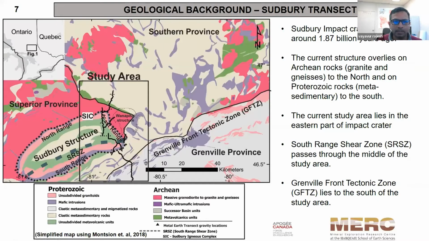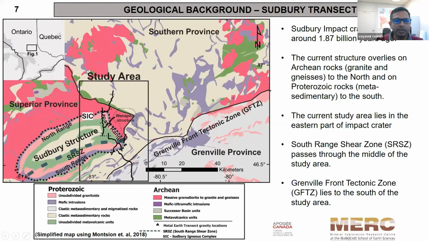So this is the study area I'm working on, the eastern part of the Sudbury Basin. This is a simplified geology map after Monchon et al. in 2018. We all know that this Sudbury structure formed because of a large meteorite impact at around 1.87 billion years ago.